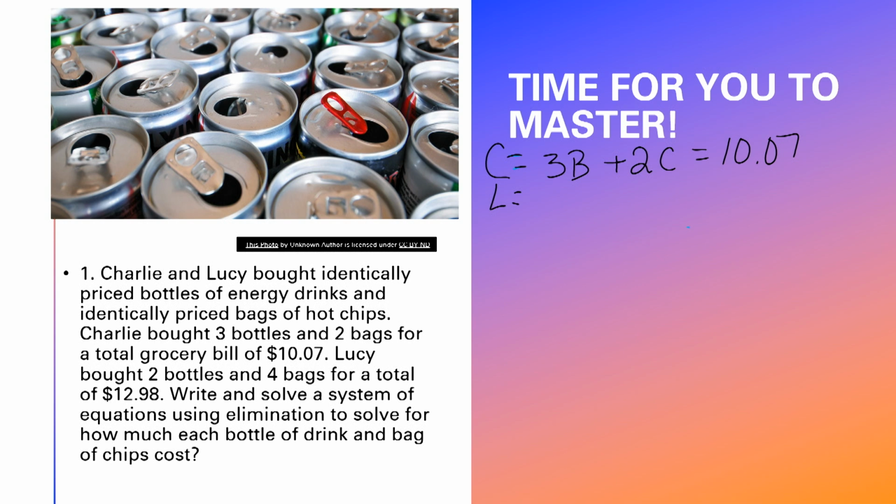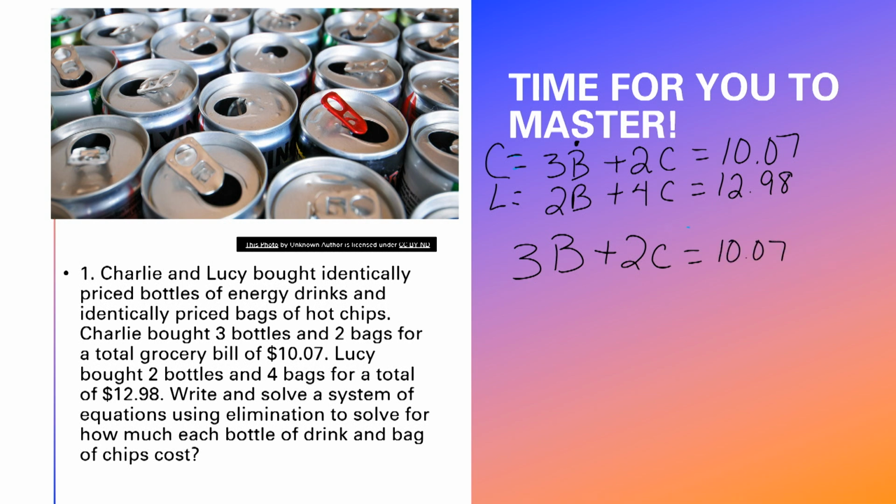What I have for Lucy is 2 times my amount of bottle plus 4 times my amount of chips equals $12.98. Now, like I said, I need to make sure I am seeing which one I want to eliminate. I am going to eliminate my bottle, and I'm going to use my Lucy problem to do it. I'm going to keep my Charlie equation.